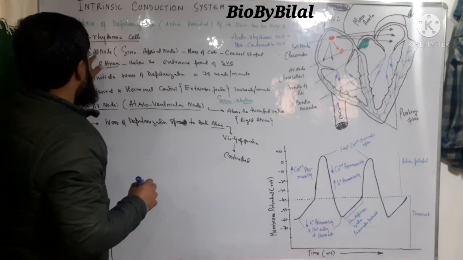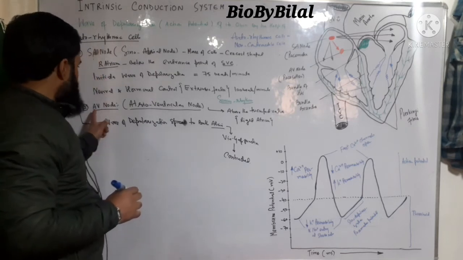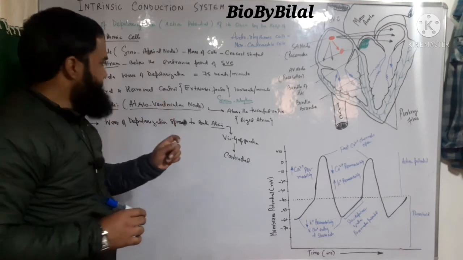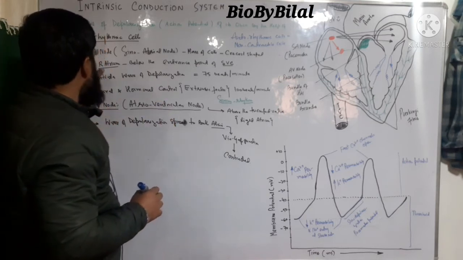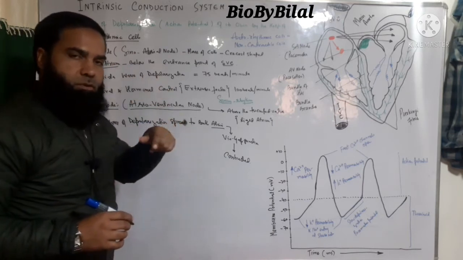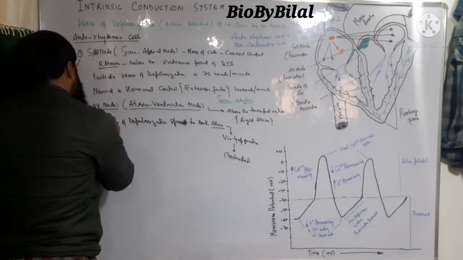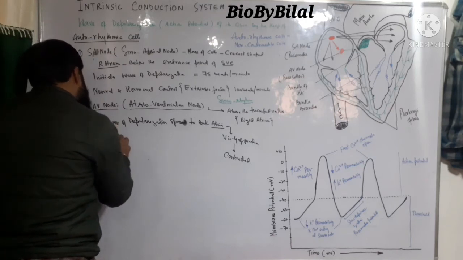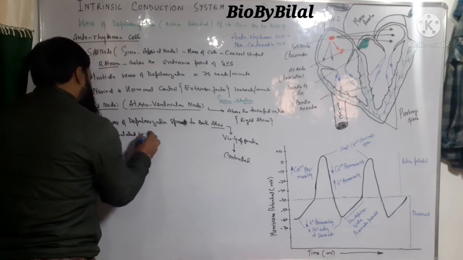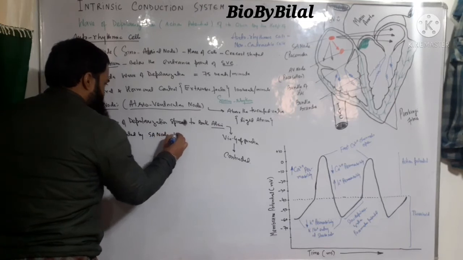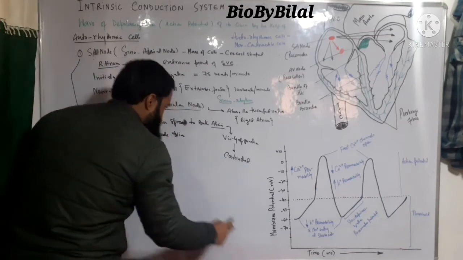And the AV node, atrioventricular node, gets stimulated from the SA node where the depolarization wave has already been created. So AV node is stimulated by SA node via internodal pathway.